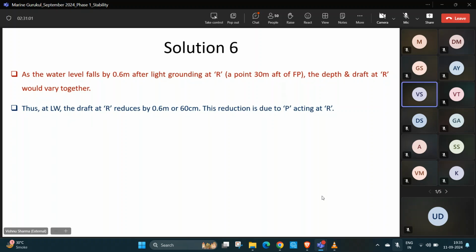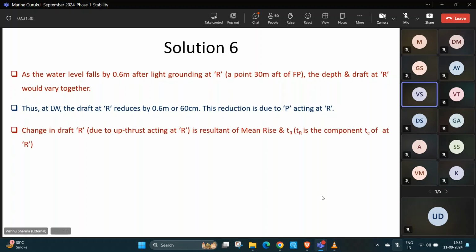What does P do? If P is considered as virtual discharge, it will cause mean rise and it will cause change in trim. What will affect the draft at R, which is changing by 60 centimeters? One is mean rise. Second is the trim caused component at R, which we have called TR.